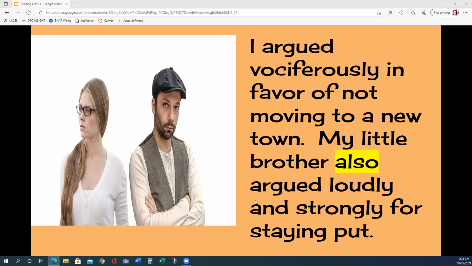So if he is arguing loudly and strongly, that's a good indicator that that is the same meaning as vociferously. Okay, because we're comparing the two and saying he also did this. Okay, so the definition of vociferously is going to be loud and strongly.